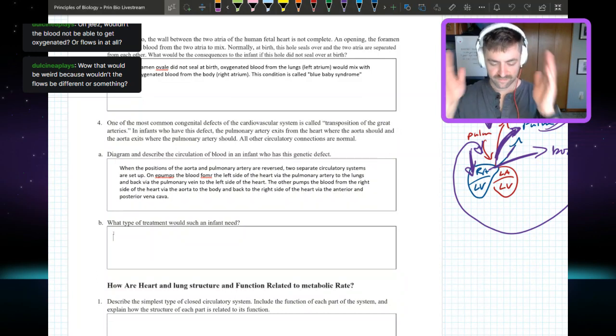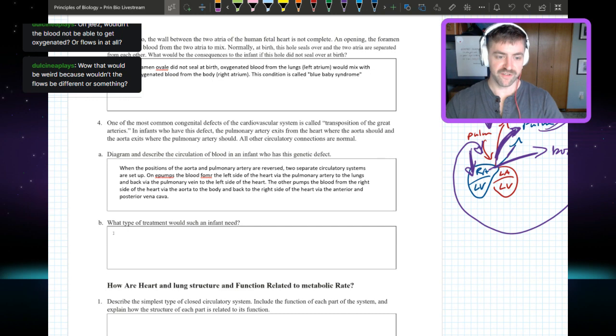Okay. What type of treatment would such an infant need? Unless something's done immediately, the infant's going to die. Blood isn't going where it needs to go.